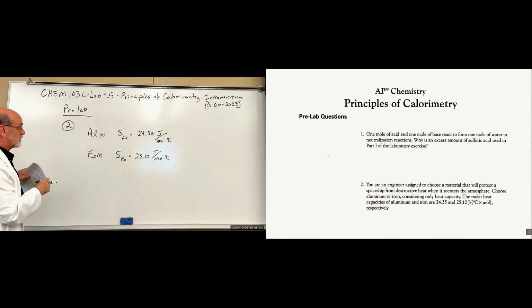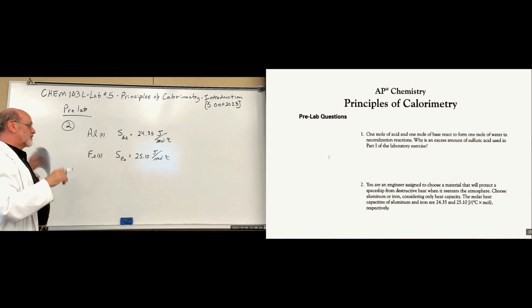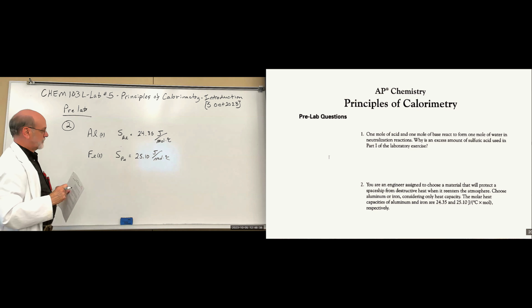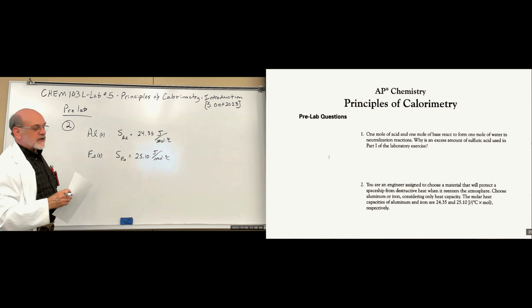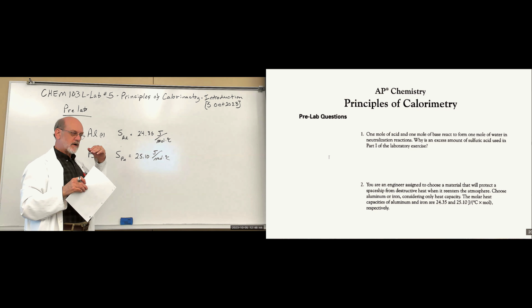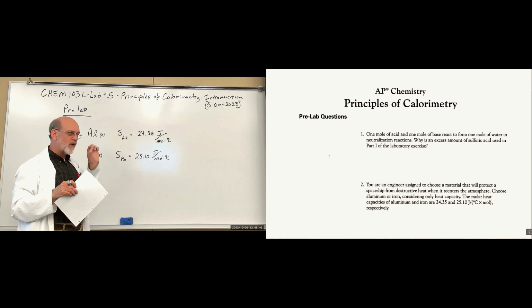So which one should we choose based upon its heat capacity? What we want to do is choose one that will have a smaller rise in temperature for the same amount of heat.